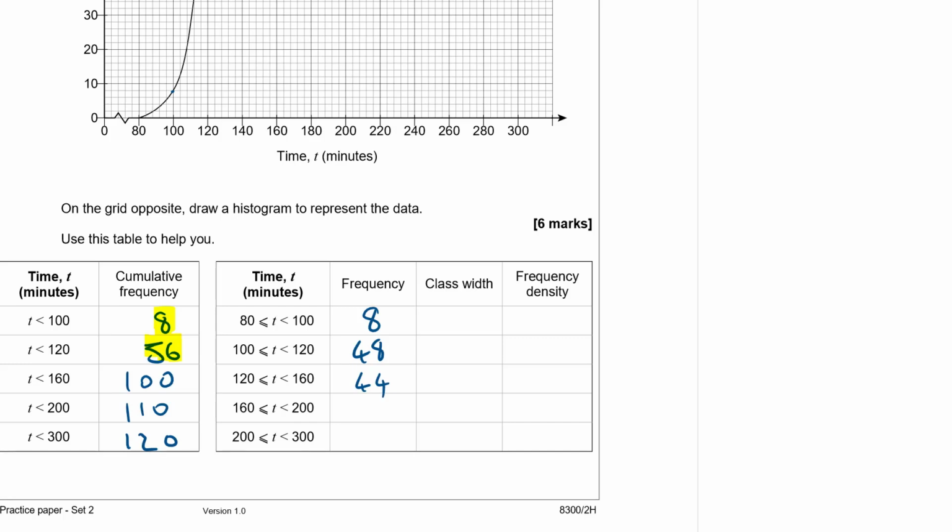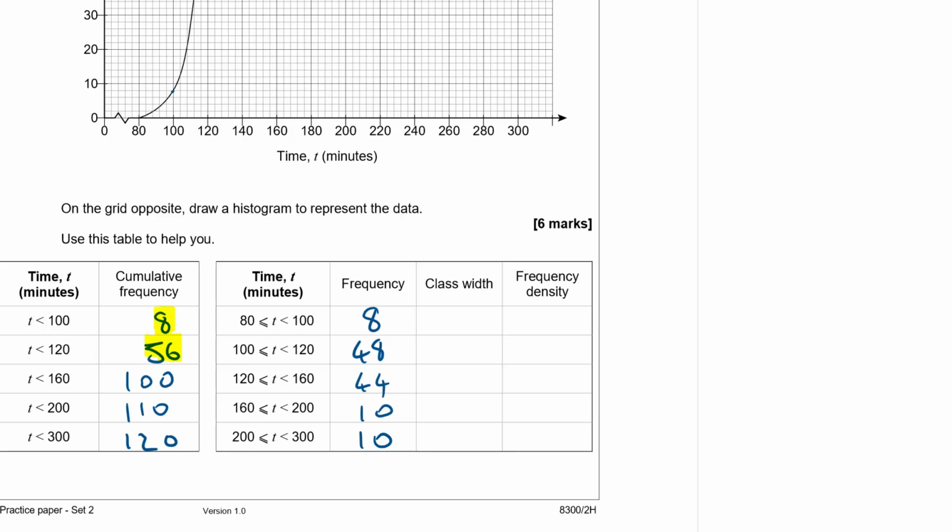Between 160 and 200 is going to be the difference between 100 and 110, which is 10. And then finally between 200 and 300 is going to be the difference between those last two numbers, which is also 10. Okay, might want to just double check that those numbers add up to 120: 8, 56, 100, 110, 120.